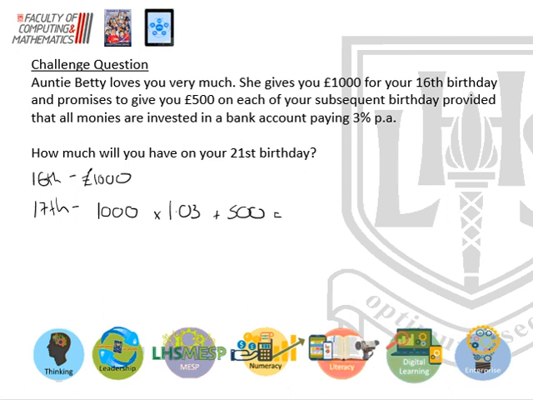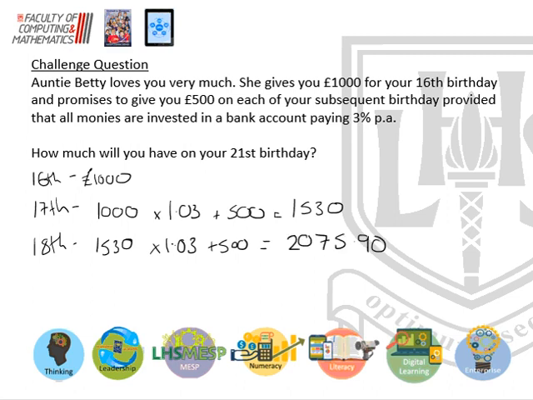That ends up being £1,530. Now the same is going to happen again the next year. Your 18th birthday, that £1,530 you had on your 17th birthday is going to get 3% interest, and then you add on an extra £500, which gives you £2,075.90.